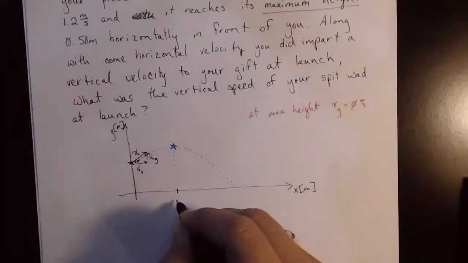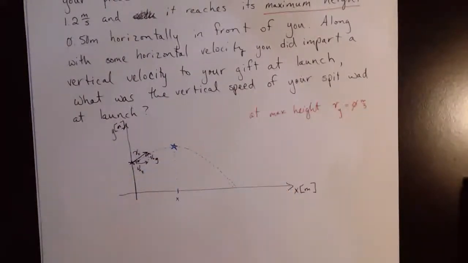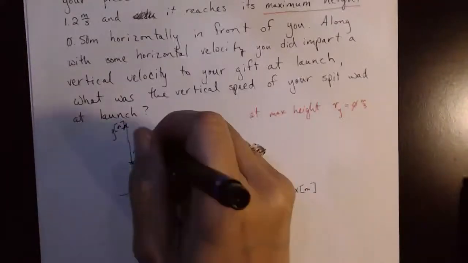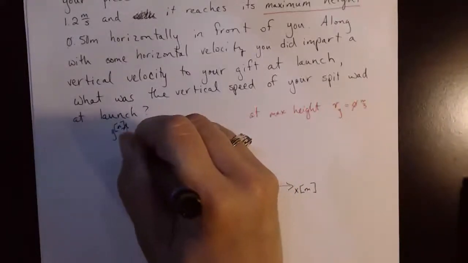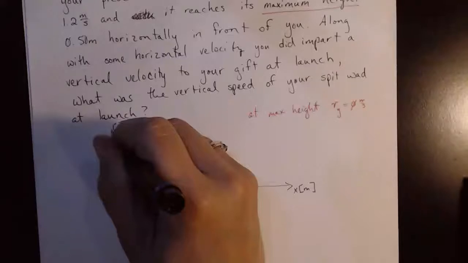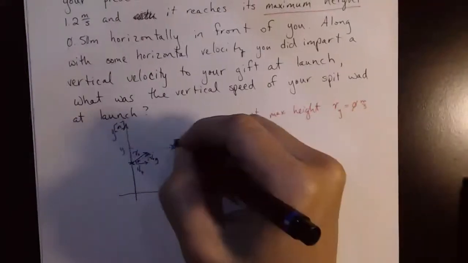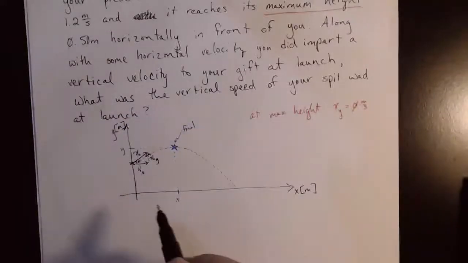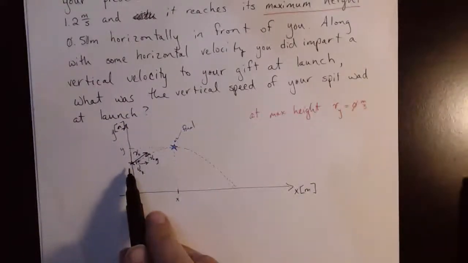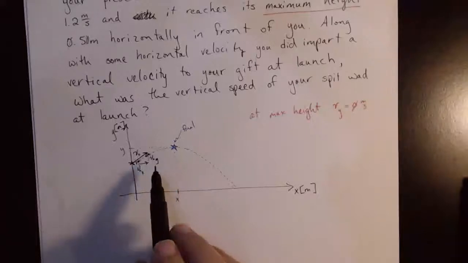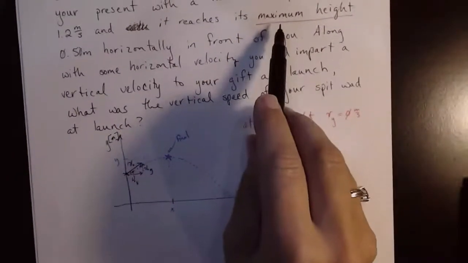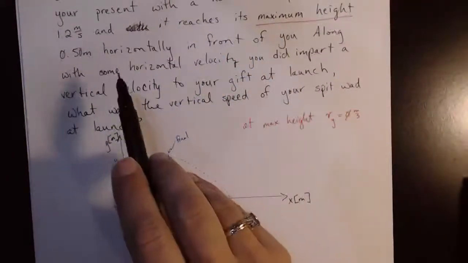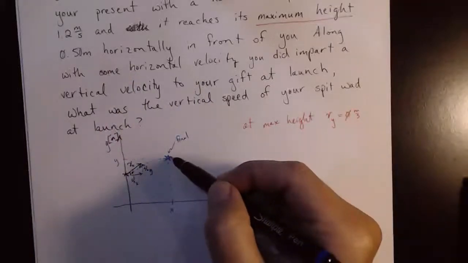Where that is would be x for that maximum position, and you'll have some height at that maximum position, and we're going to use this as our final position. We have our initial position being the moment of launch, and because we're given information about when it's at its maximum height horizontally, that's going to be another point of interest.